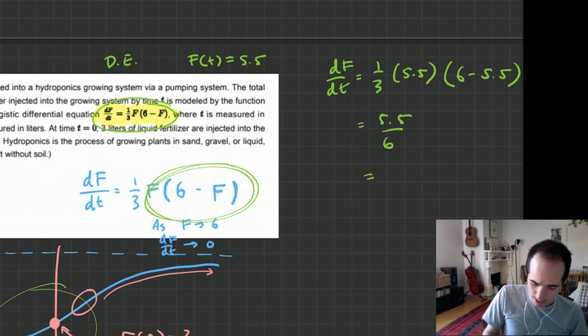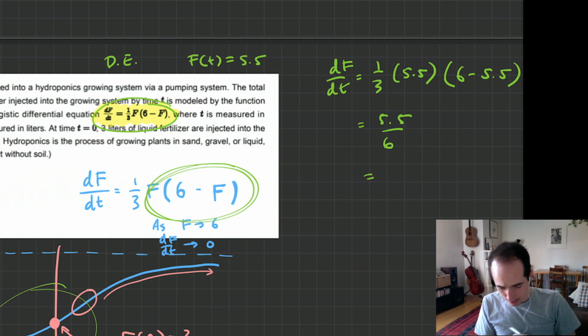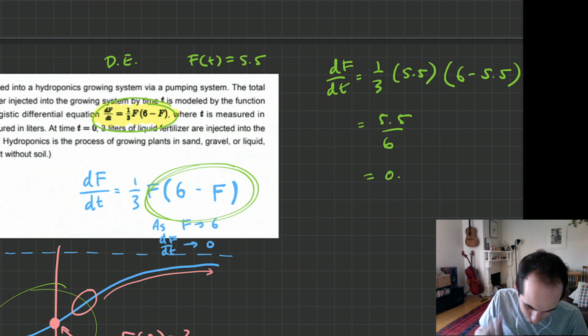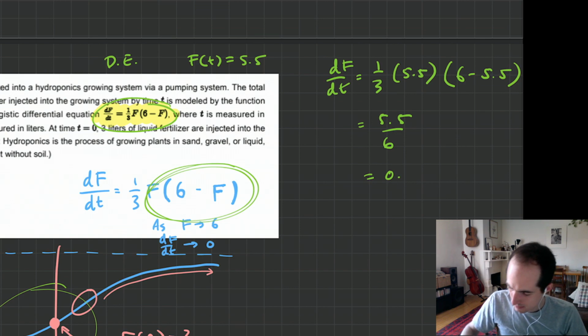So you can even see that as f is approaching 6, the derivative is, in this case, a little bit less than 1. Exactly.